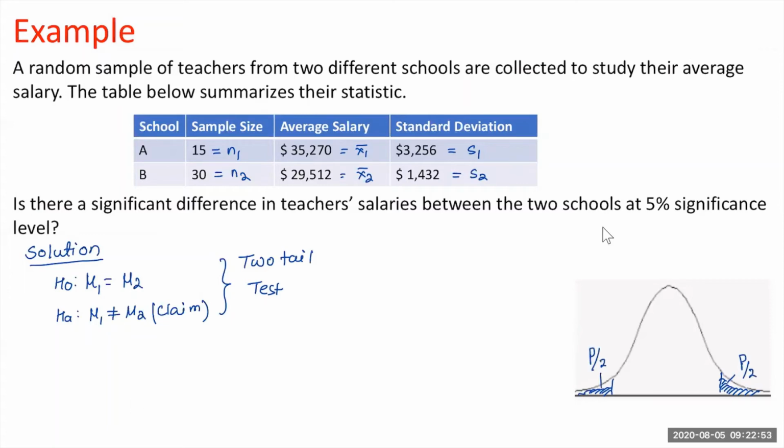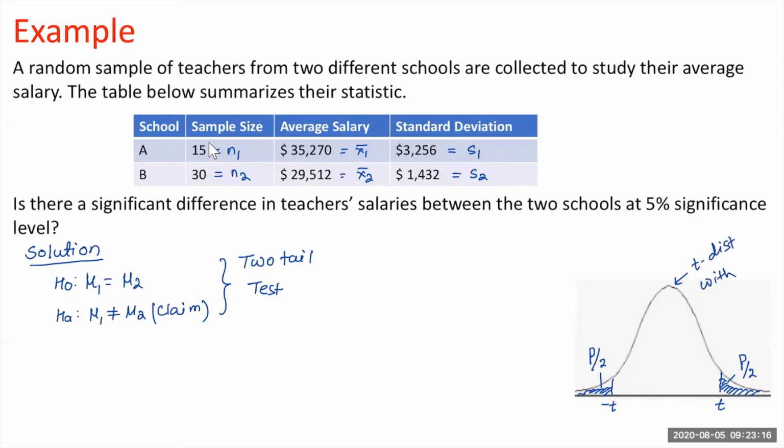Also, because the sample standard deviation is given, this is the t distribution. If this is positive t, the value on the other side should be negative t. So the graph shown here is the t distribution, and we need the degrees of freedom.